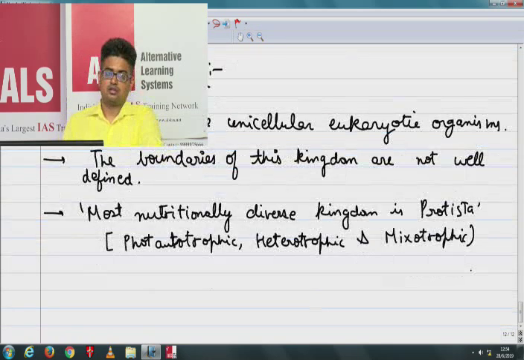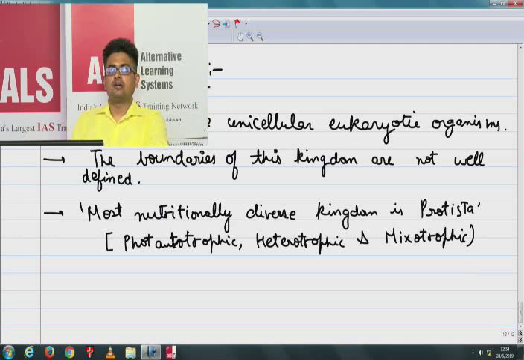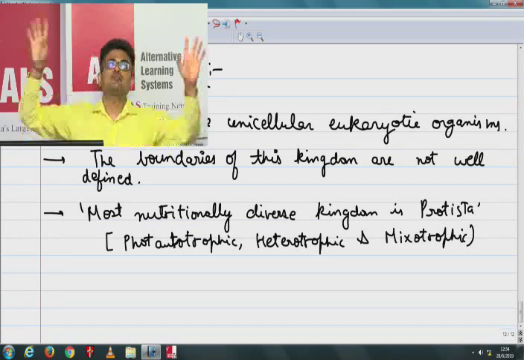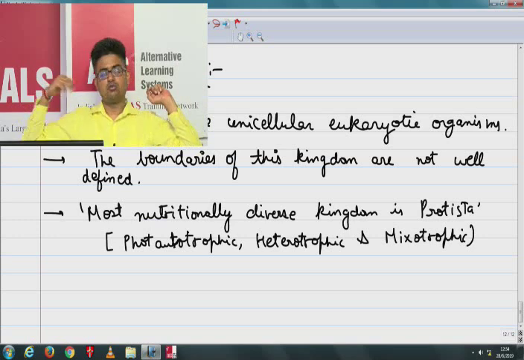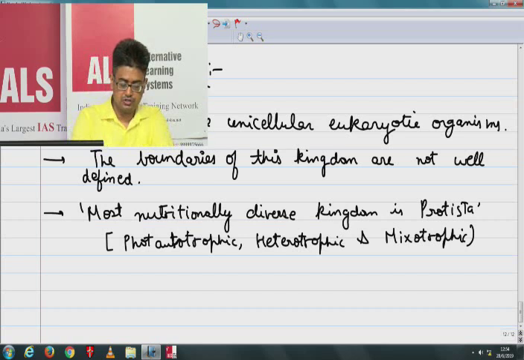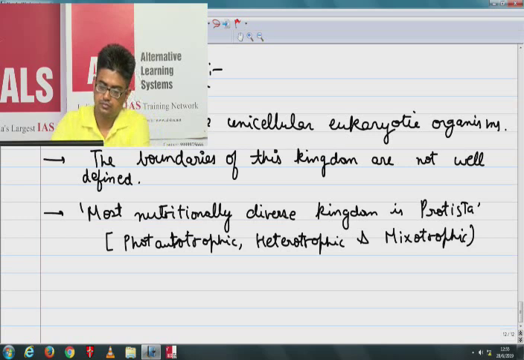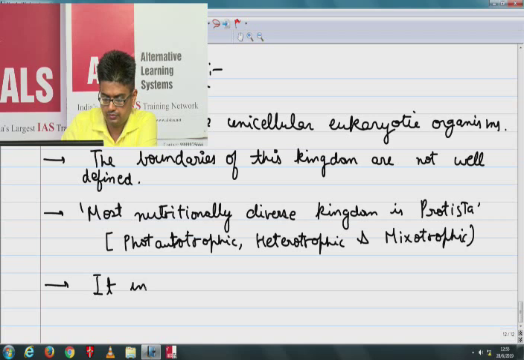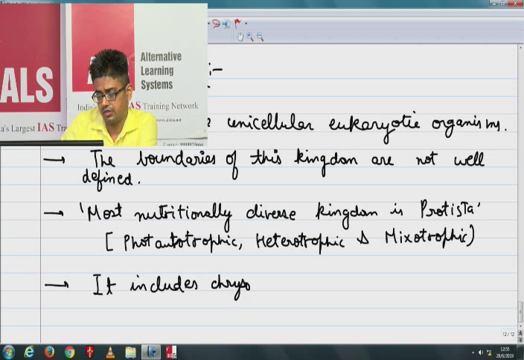Now, what are the organisms included in kingdom Protista? Diatoms, dinoflagellates, euglenoids, slime molds, and protozoans. Diatoms are also called chrysophytes. We'll have to study them one by one.